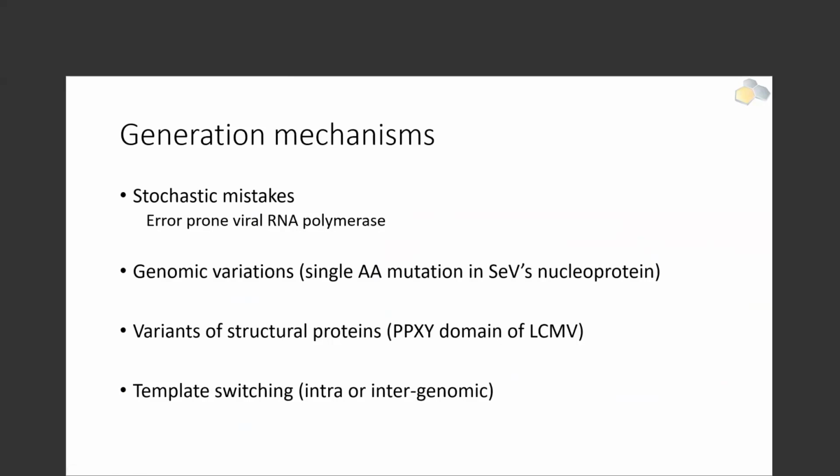There's also a case of some structural variation that affects the generation of these DVGs, like the PPX domain from the lymphocytic choriomeningitis mammarenavirus, where when this domain is present, it just leads to more interfering particles, as they are called in this specific case.